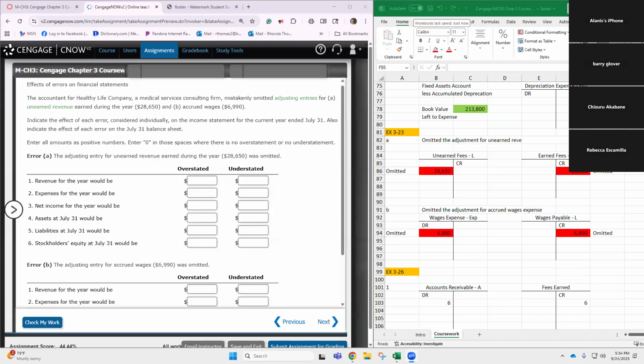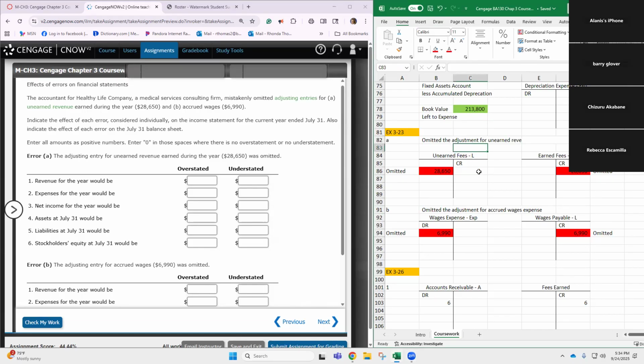So once again, the first thing that we're going to do is an omission. On the screen, you see right here two T accounts. For those of you on Zoom, we've got unearned fees and earned fees. One is a liability, one is a revenue. The reason I have these in red is I put them here just so you could see what it would have done if we had put it in here, but we didn't.